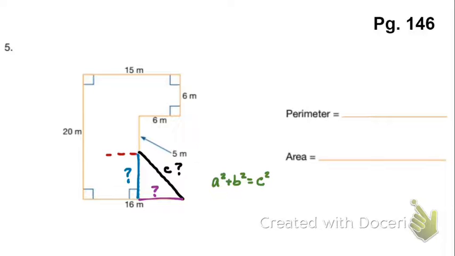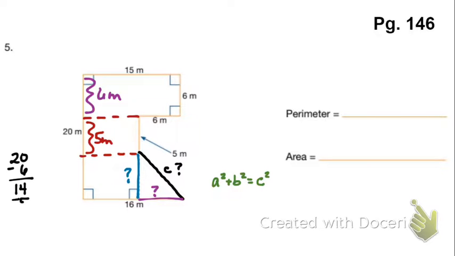If I bring this over here, I know that this is 5 meters. This one right here would be 6 meters. The whole thing adds up to 20. So 20 minus 6, I get 14, minus 5 is what? 9.